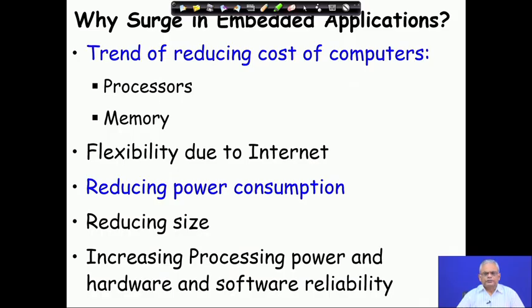And then the processing power has tremendously increased, and also these have become very reliable. Earlier, the hardware and software reliability was questionable. Often the hardware would shut down, the software would encounter bugs, failures and so on, but now they have become extremely reliable for them to be used in many daily applications.